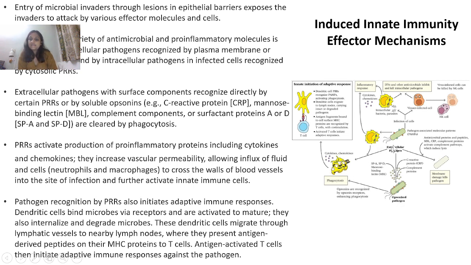And otherwise, there can be molecular patterns present on these pathogens, which are recognized by these cells and receptors, which then induce the formation of this inflammatory response by inducing the secretion of cytokines and chemokines.